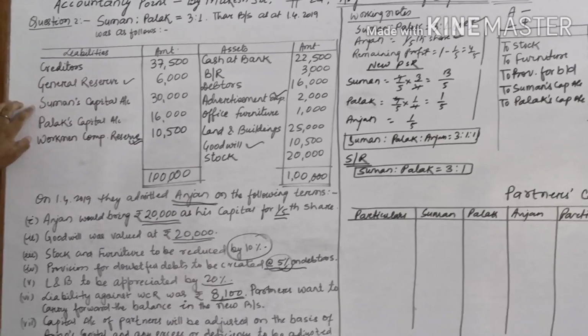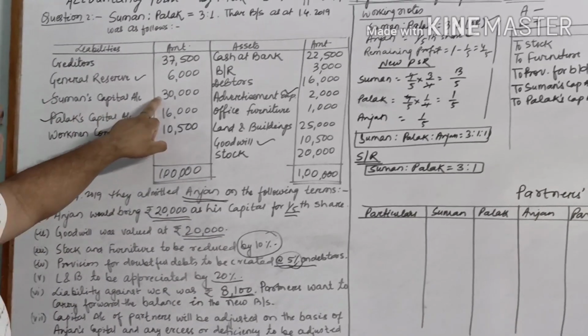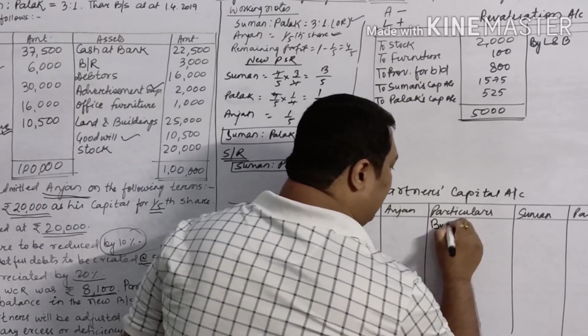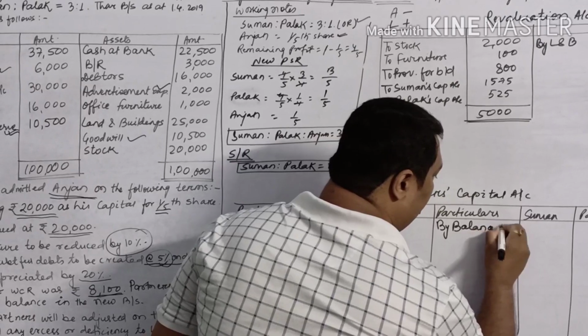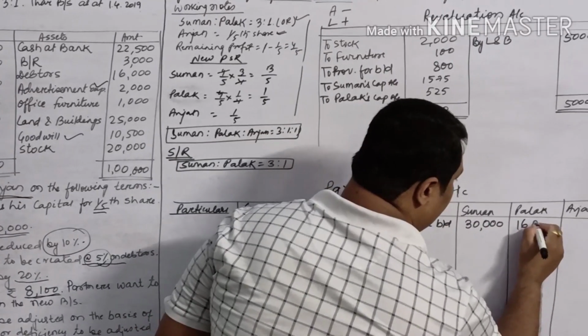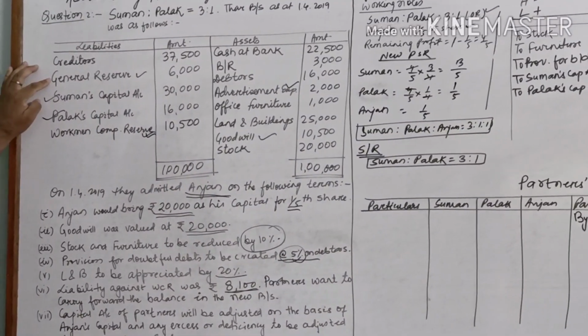First of all, we will take their opening capitals, capital of Suman and Palak, which are rupees 30,000 and 16,000. So I will write it over here, by balance brought down 30,000 and 16,000. After this, the next item is general reserve.